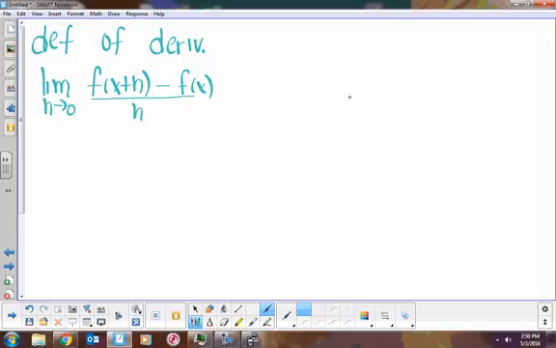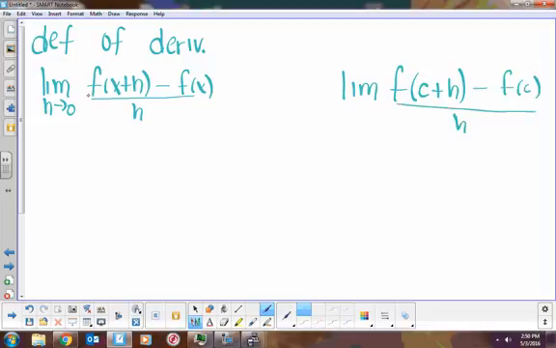Now, this is the same thing, the limit of f of c plus h minus f of c all over h as h approaches 0. These are the same thing. This is the derivative at x equals c.